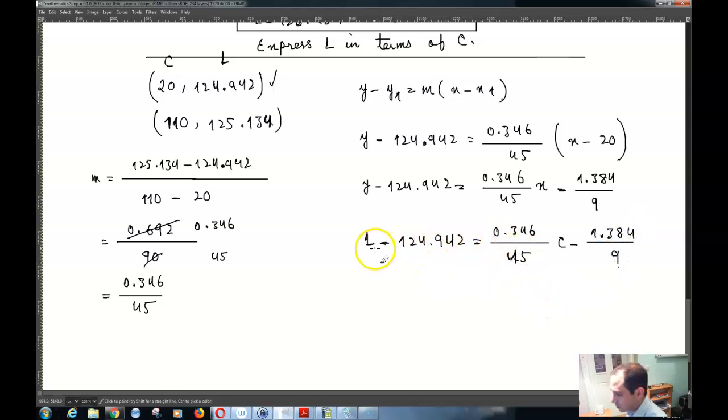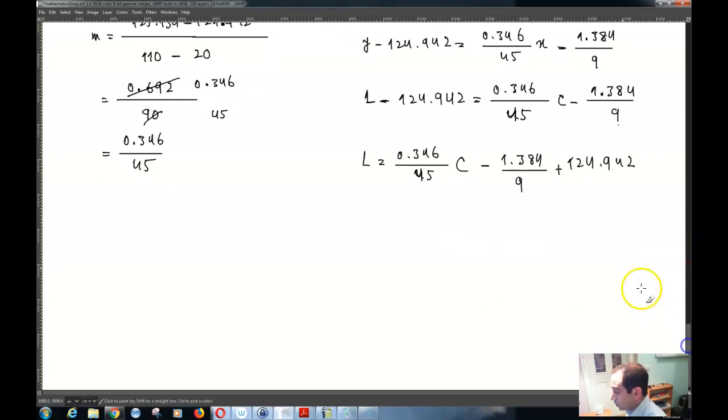Since you want to find everything in terms of L, I can write L is equal to 0.346 divided by 45 times C minus 1.384 divided by 9 plus 124.942. And then if you do this part over here, it's a lot of trouble really.